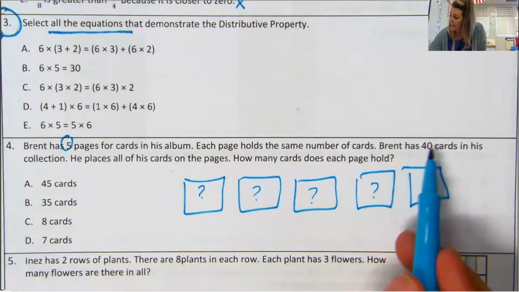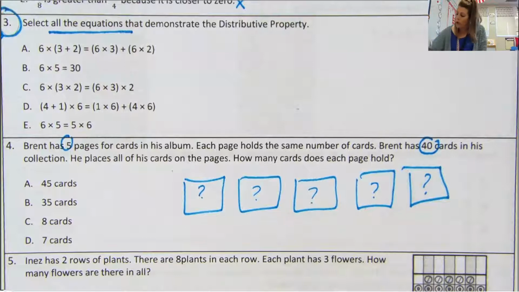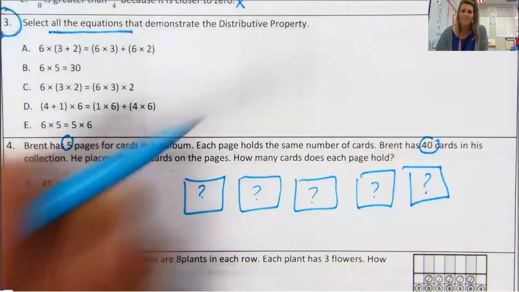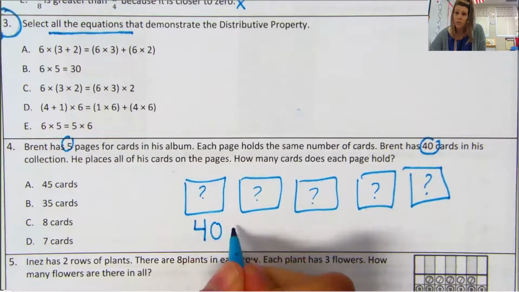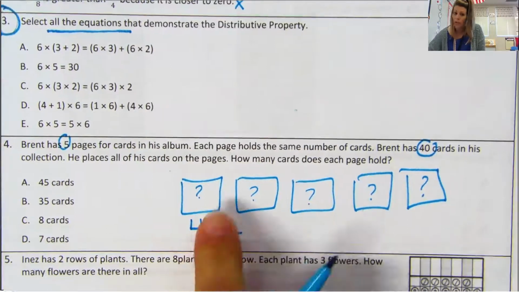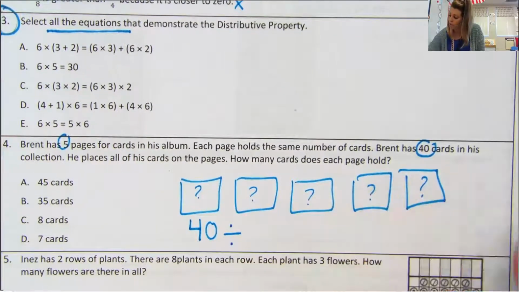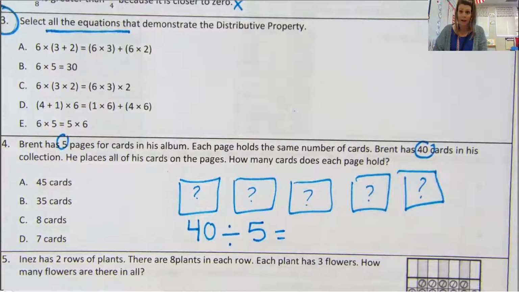But Brent has 40 cards in his collection. So what are we doing with the 40 and the 5? We're dividing. We're breaking up that 40 and we are equally putting them on those 5 pages.